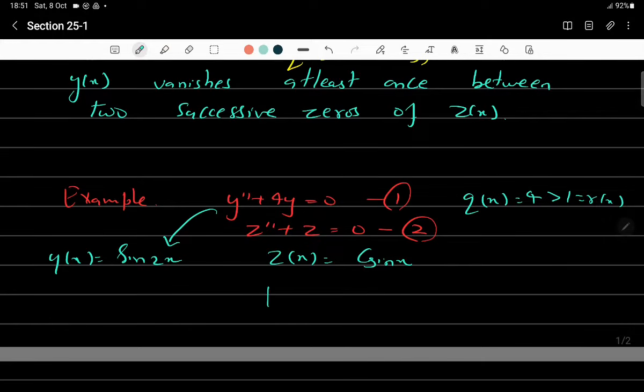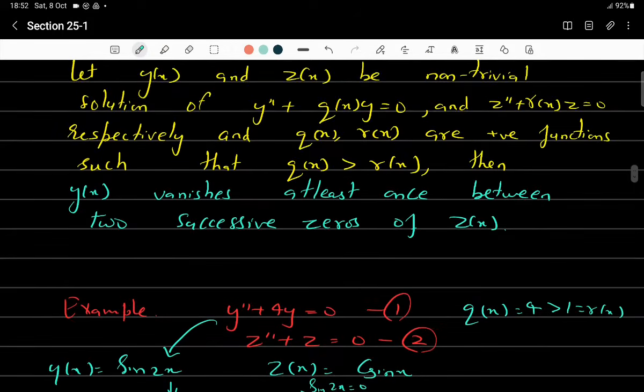Consider the two successive zeros of z(x), 0 and pi, because sin 0 is 0 and sin pi is 0. So it vanishes at least once: if you take x equal to pi by 2, then sin 2x is equal to 0. Yes, this is what it is saying, but it has many more interesting meanings.